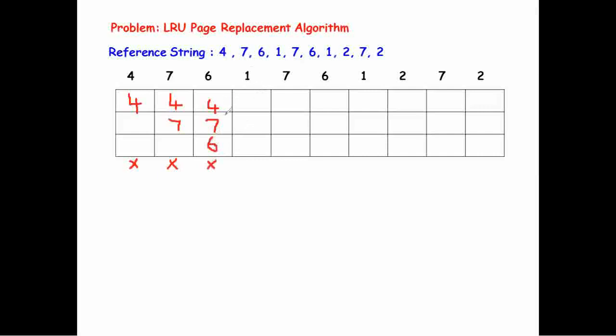Now a page has to be replaced. Among 6, 7 and 4, 6 is most recently used, whereas 4 is least recently used. So in this place, 1 gets in.